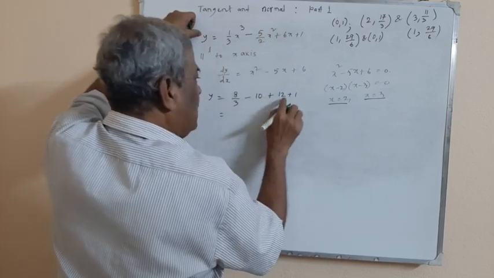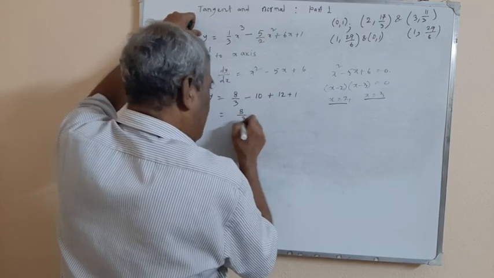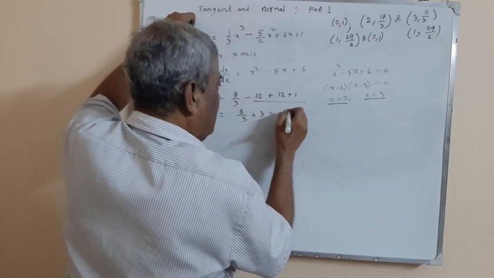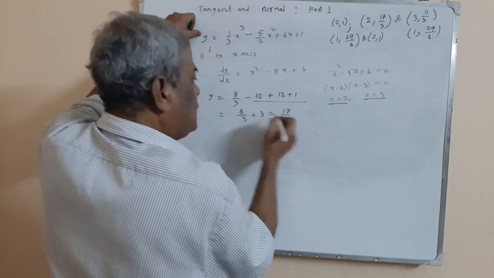That is, it is equal to 8/3 plus 3, that is 17/3. So when x is equal to 2, y is equal to that.